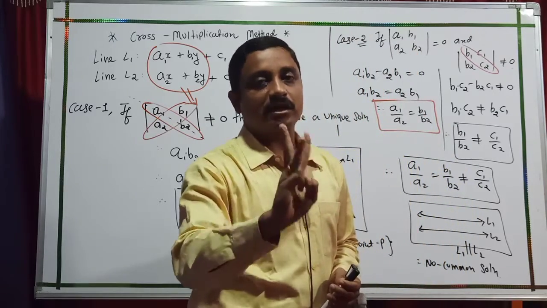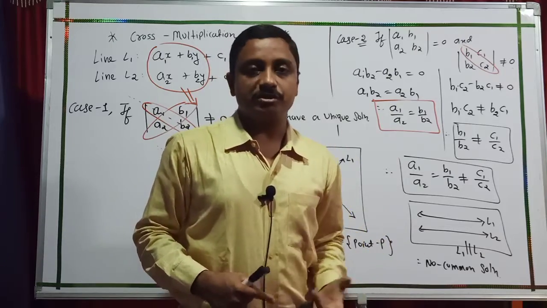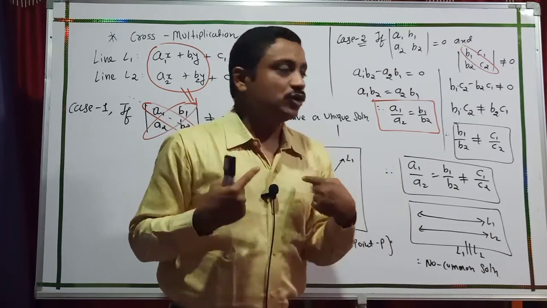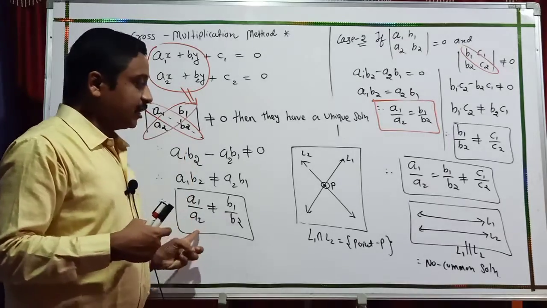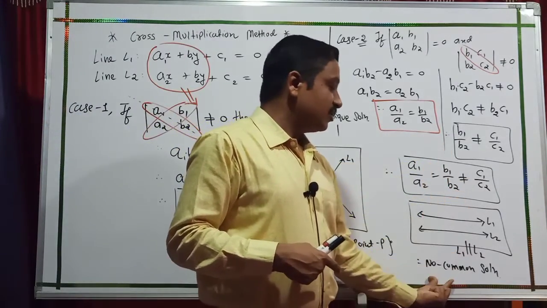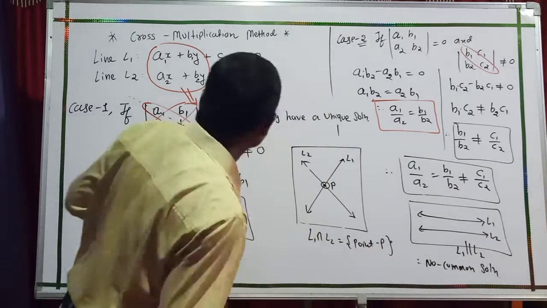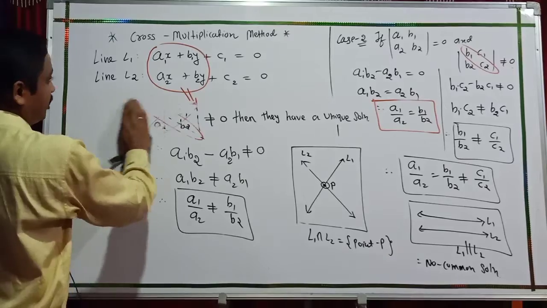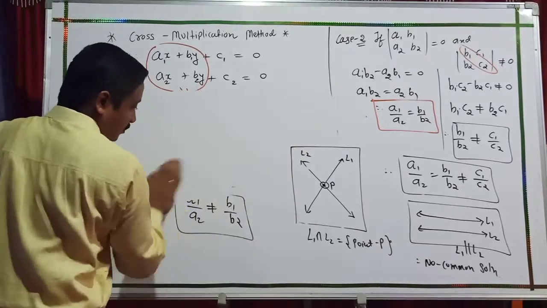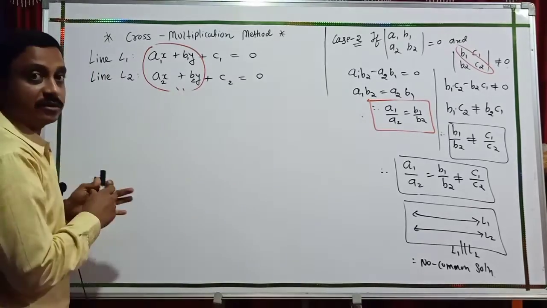And the third case, the last case, is infinitely many solutions, meaning overlapping lines. So the first case, I hope you understood, is a unique solution. The second is this condition for no common solution, meaning parallel lines. And the third case is where the equations are the same, meaning L1 and L2 linear equations are the same, students.